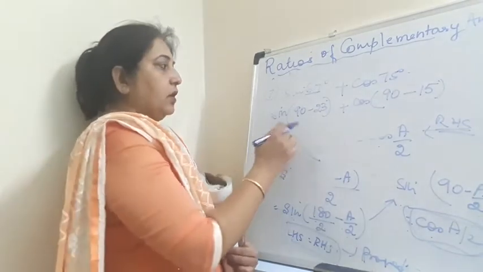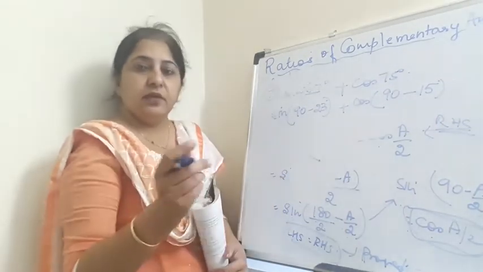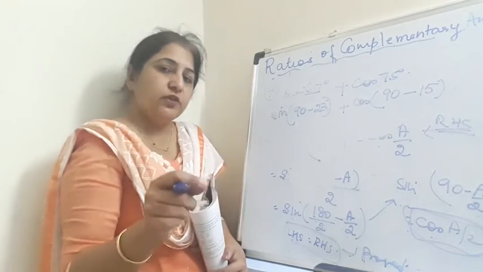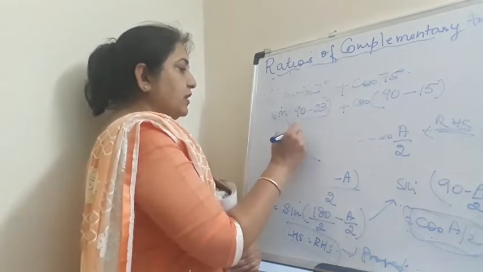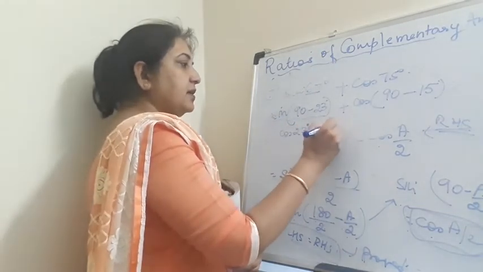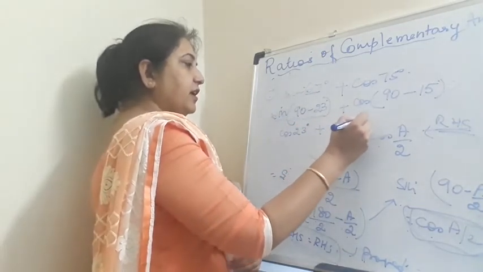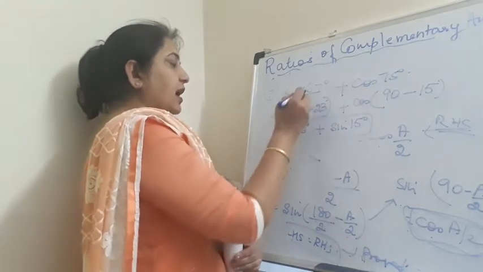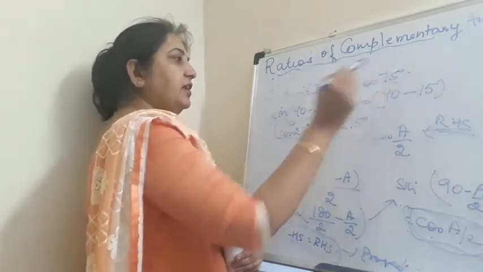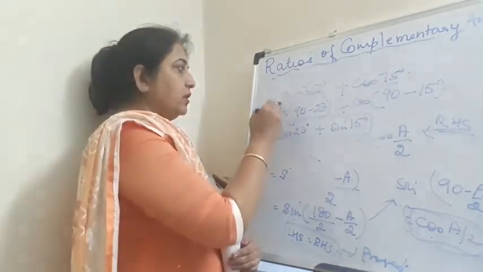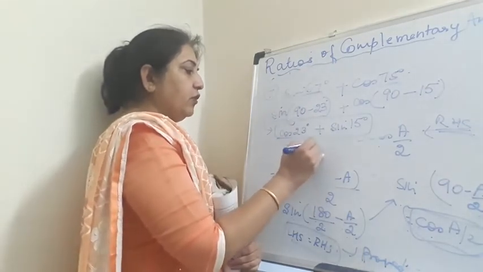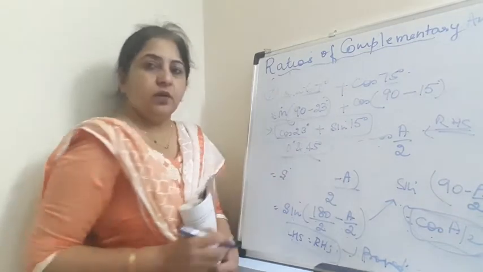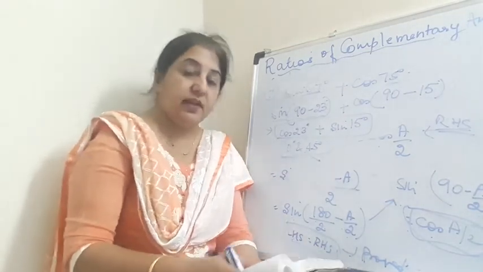Okay, now I want the answers in the range of 0 degrees to 45 degrees. So for this I can write cos of 23 degrees plus sine 15 degrees. So what I have done is changed the 67 degrees and 75 degrees to angles ranging from 0 degrees to 45 degrees. Okay, so these were the questions given in the exercise.